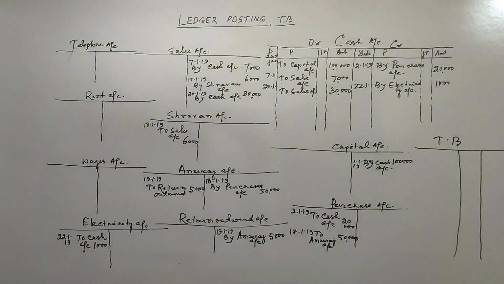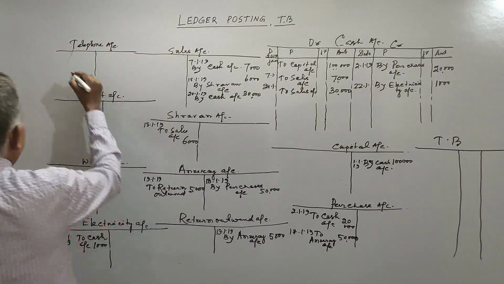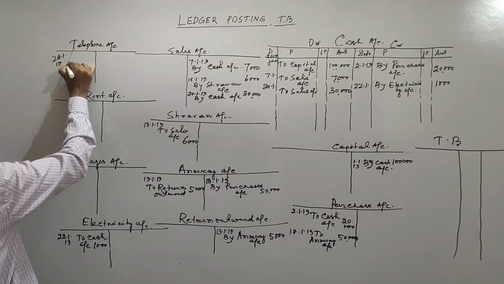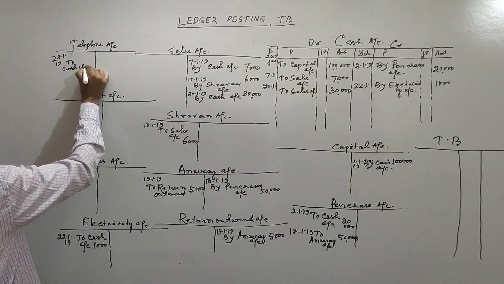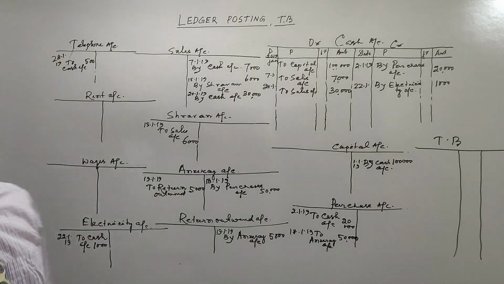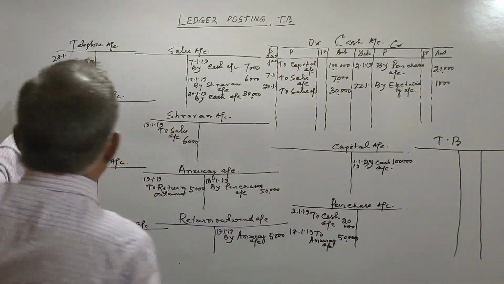Then paid telephone bill 500. Go to telephone 28, to cash. To cash account 500. Go to telephone debit side, write 500.